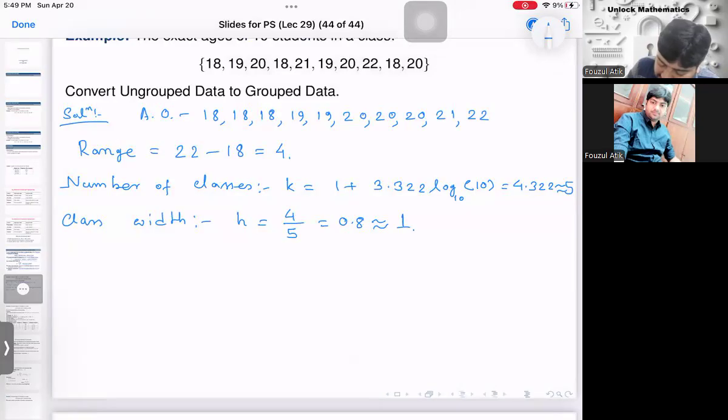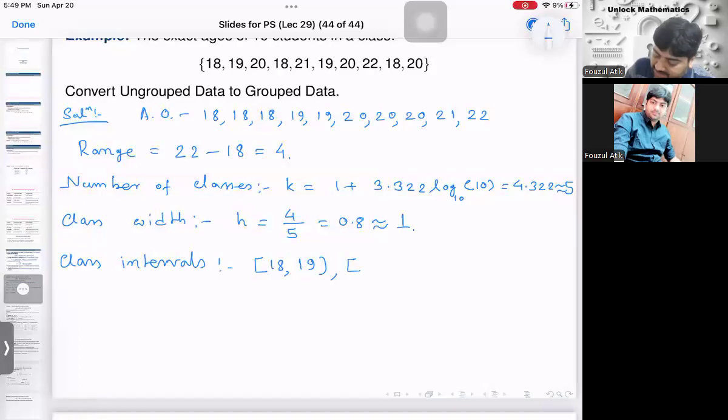So what are the class intervals? We'll start from the lowest one: 18 to 19, and we may make it an open interval so that it will be non-overlapping.